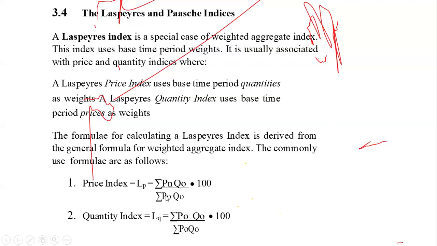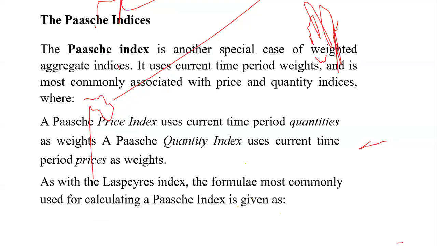You must know the distinction between the two formulas. The price index is Pn times Q naught divided by what? P naught Q naught, times 100. The quantity index is what? P naught Qn over P naught Q naught, times 100. So that is that.